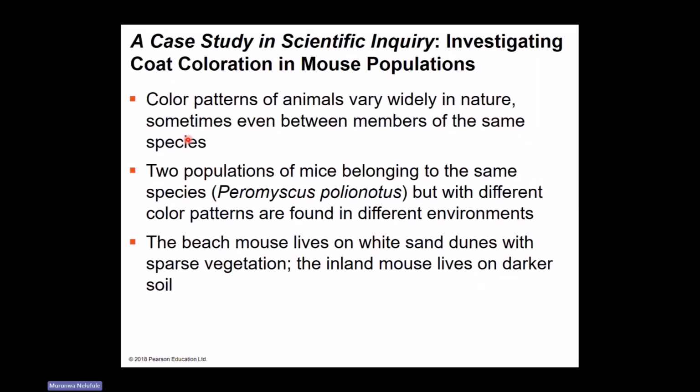They are both Peromyscus polionotus, but the color patterns are found in different environments. The beach mouse lives in white sand dunes with sparse vegetation, and the inland mouse lives in darker soil. So the difference here is that the beach mouse lives in white sand, and the darker mouse lives in the inland darker soil.